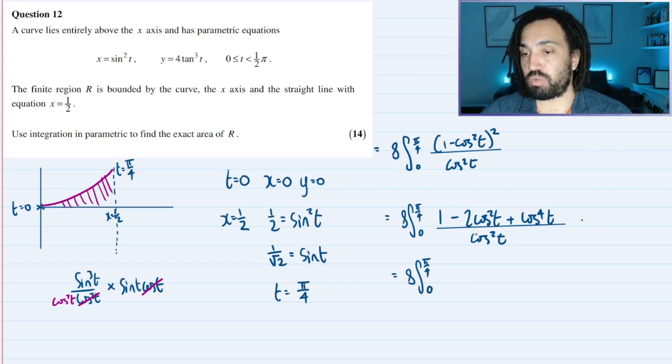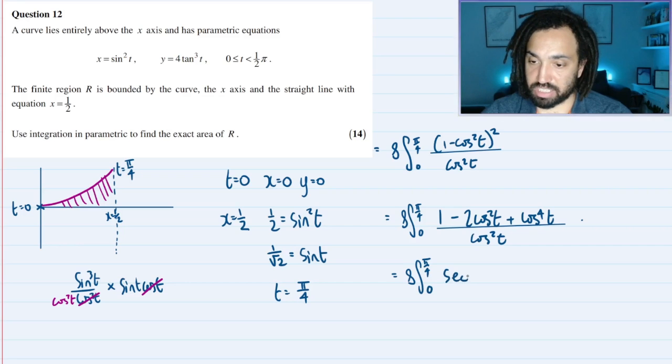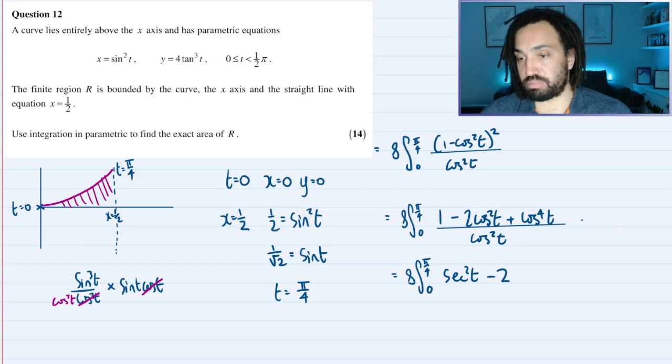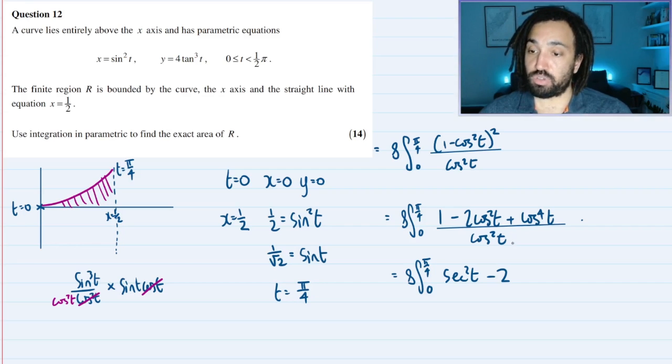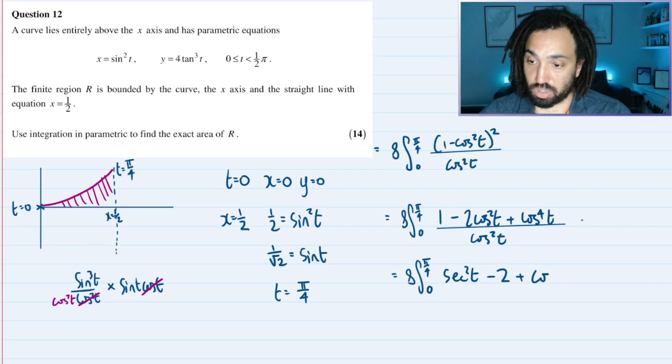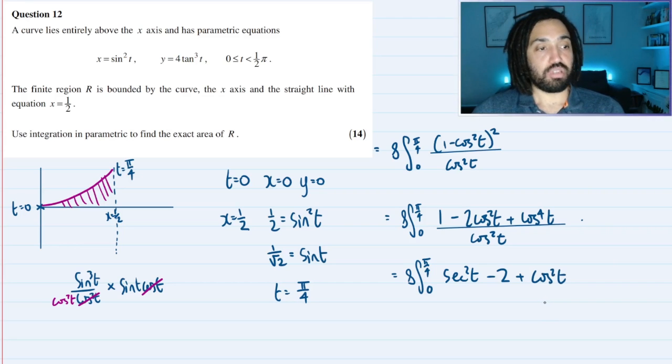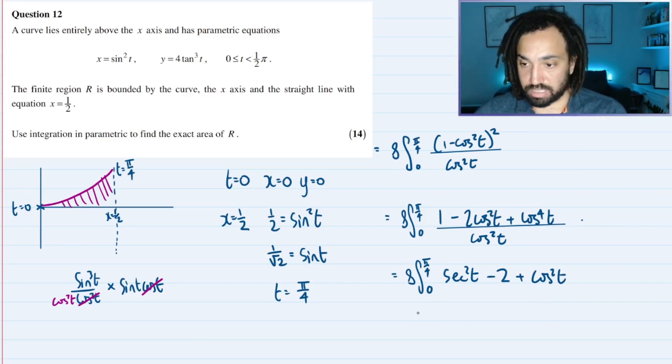So the first one, 1 over cos squared, is the same as sec squared. And then we've got minus 2, because cos squared over cos squared is obviously 1. And then cos to the 4 over cos squared is cos squared. Okay, right. Now we still need to do some rearranging before we can integrate.